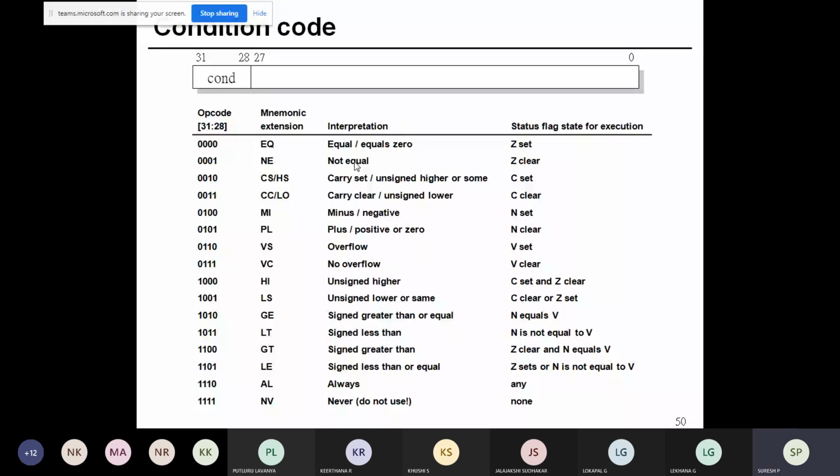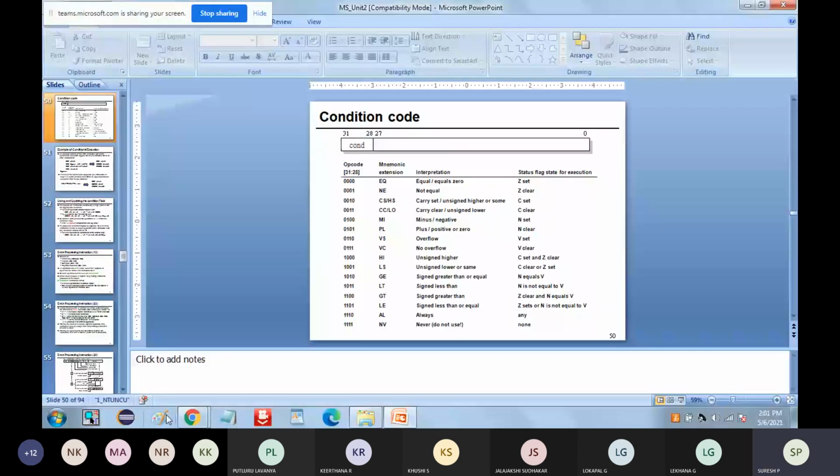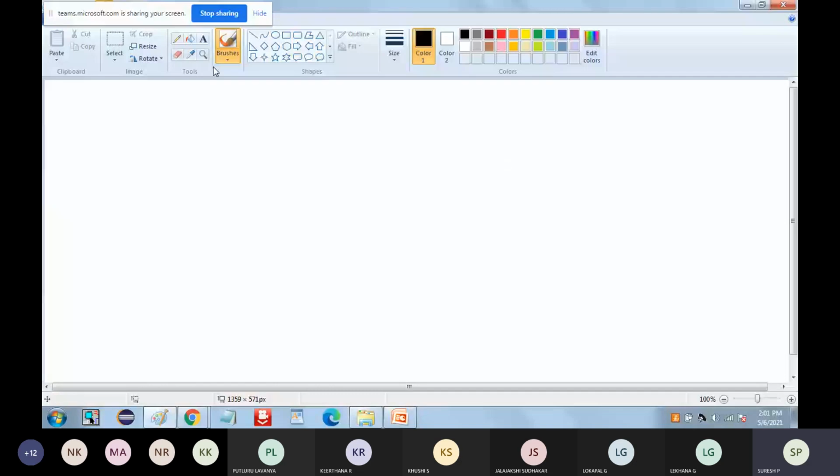Assume that I have the 8-bit operation. Whatever the operation you are going to have here is a 32-bit, but for your comfort, I am telling it is an 8-bit.